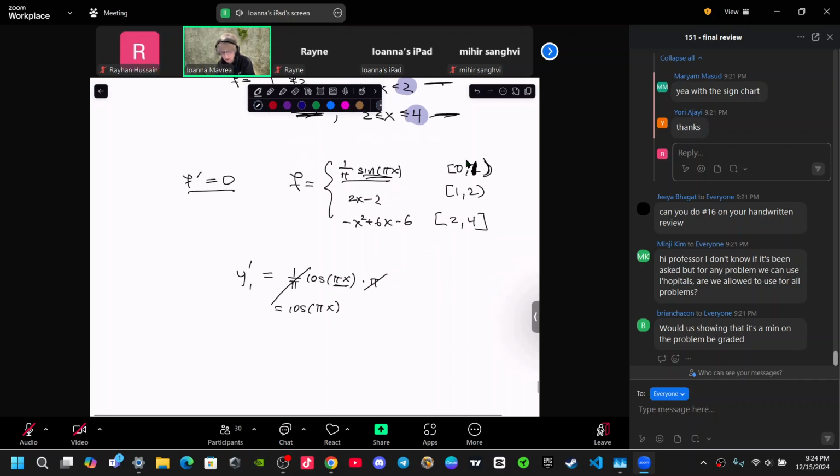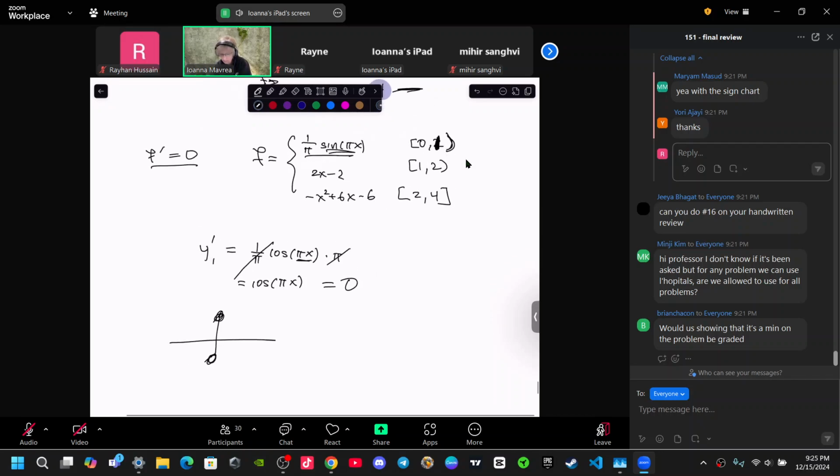And the question is, when is cosine equal to 0? Cosine is equal to 0 here and here. So cosine is equal to 0 at pi over 2, at 90 degrees, and at negative 90 degrees. Pi over 2 and negative pi over 2. And 3 pi over 2. It can go around counterclockwise.